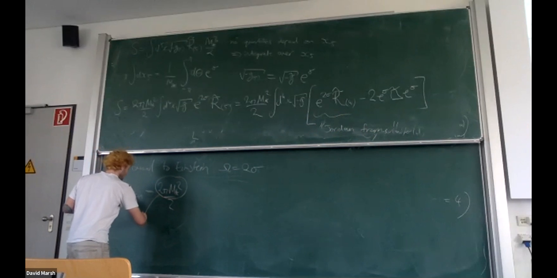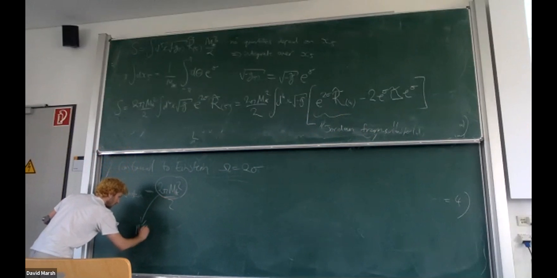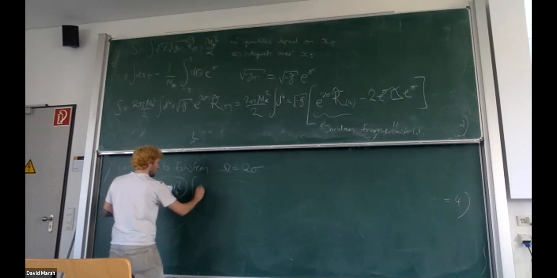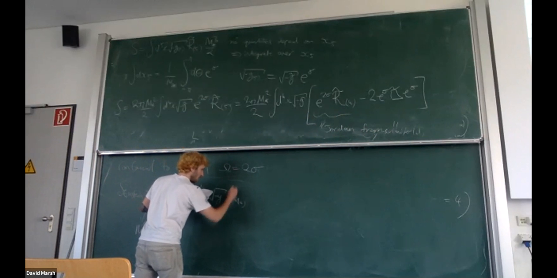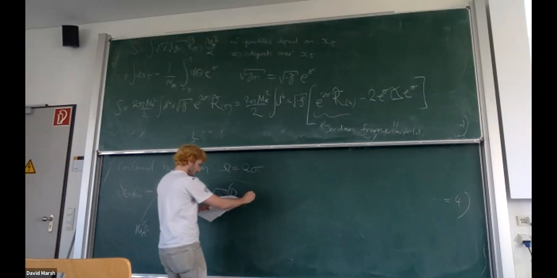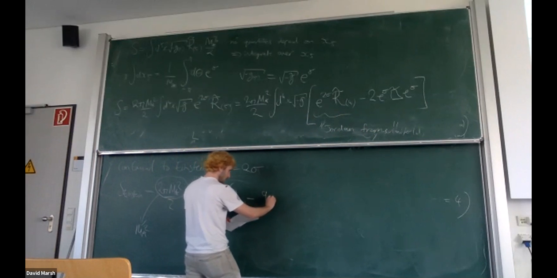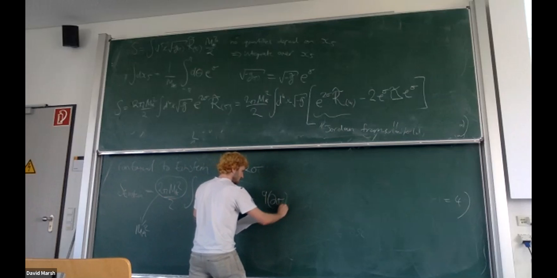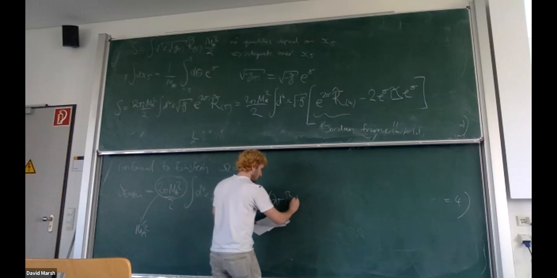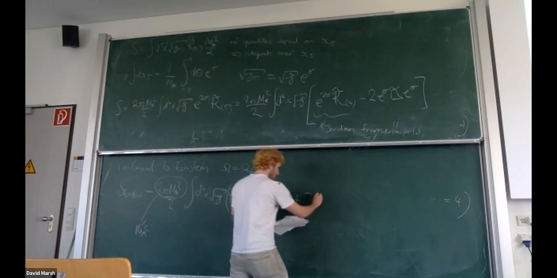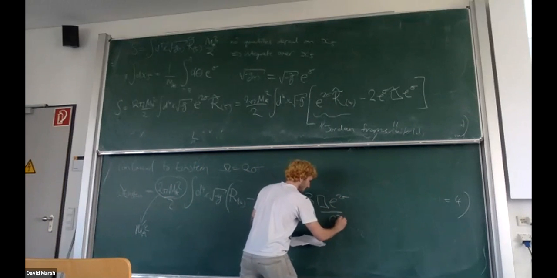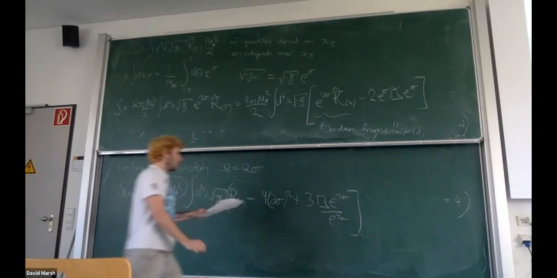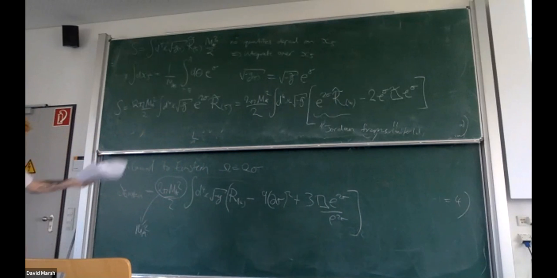We just identify this as the Planck mass squared, times the integral d4x square root minus g R4 minus 9 (box of e to the sigma) squared plus 3 box e to the 2 sigma over e to the 2 sigma. Okay, so now we've got kinetic terms for sigma.